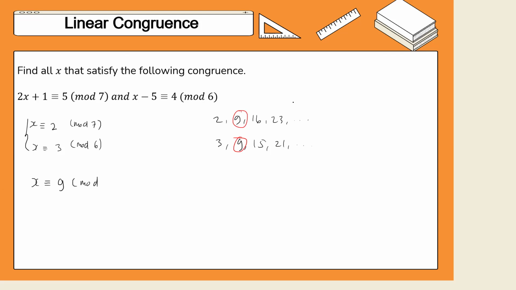Do you think it will repeat after what? After how many numbers will the same number appear in this case? The next equal number will appear after... 3? 6?